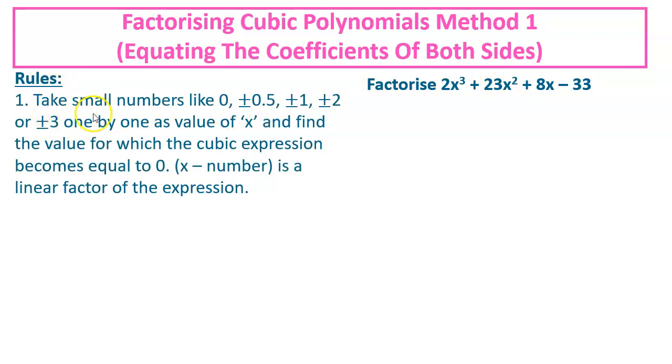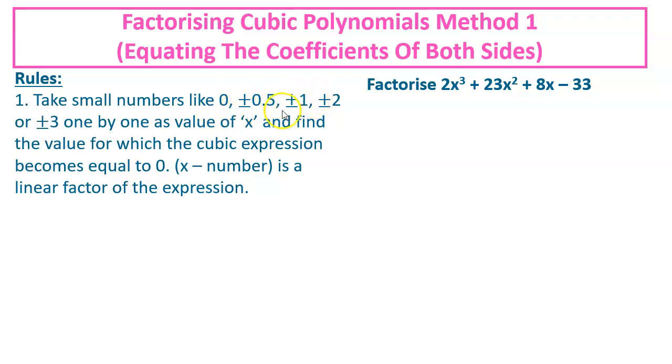First rule is take small numbers like 0, plus minus half, plus minus 1, plus minus 2, or at the most plus minus 3. I'm not going into the rational roots theorem and all those. Just the basic thing: you start with trivial, small numbers like 0, 1, 2, 3, plus or minus.